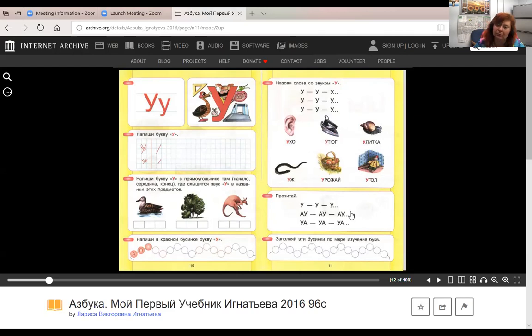And here is a little bit more complicated task than previously, is to read these letters. U, U, U, and then A, letter A that we learned in the previous page, and letter U. A, U, A, U, and UA, UA, UA.